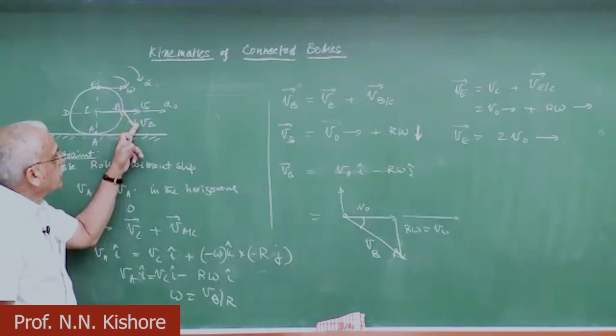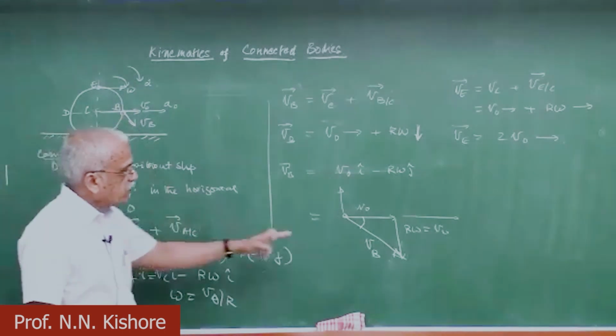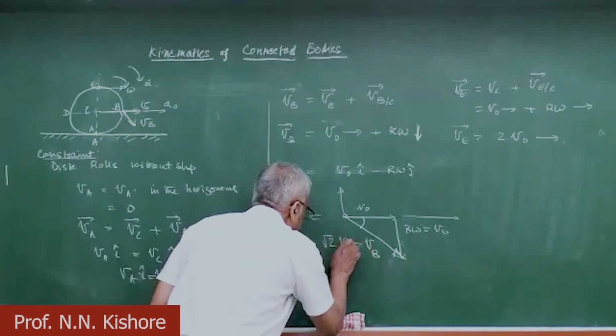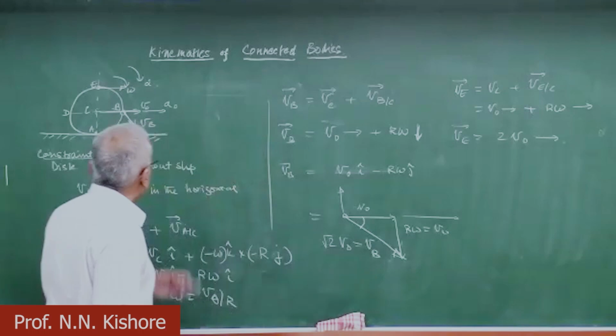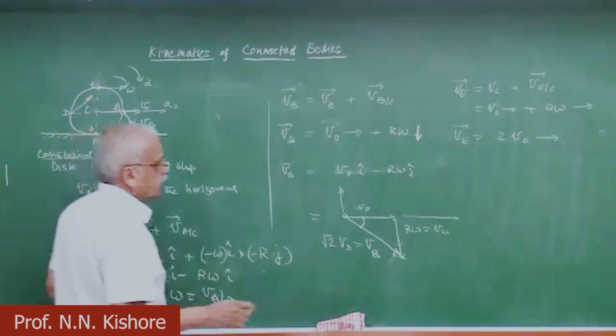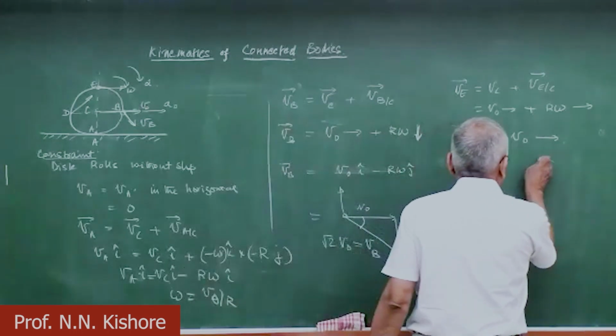So if this is V naught, this is twice the V naught, whereas V is at an angle. What is the magnitude? You can very well see that this magnitude is nothing but √2 V naught. Okay, it's √2 V naught. Maybe I'll just draw it here.